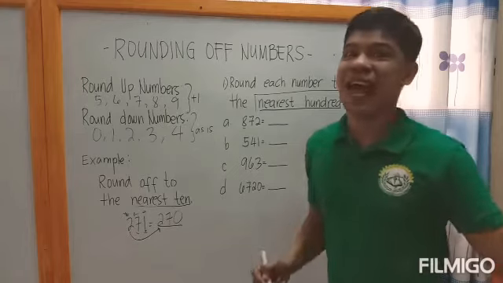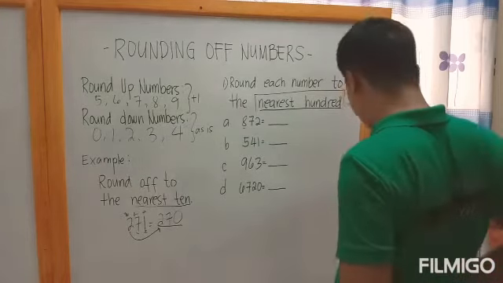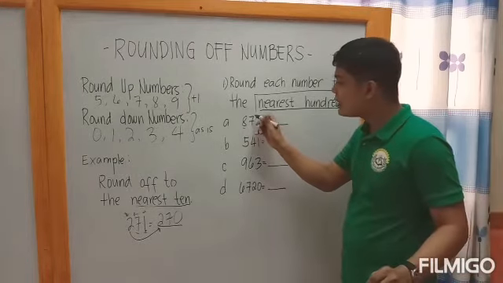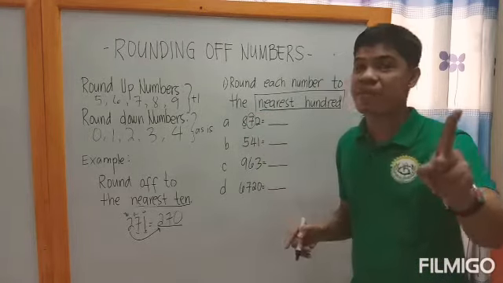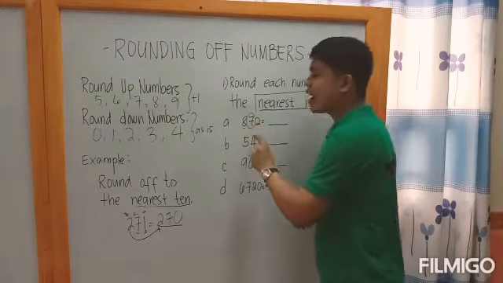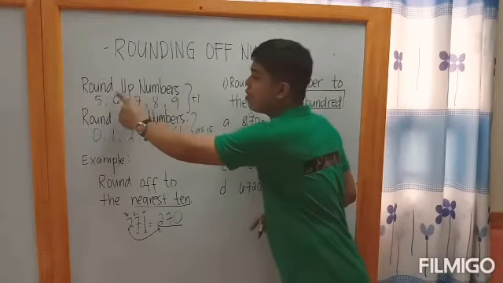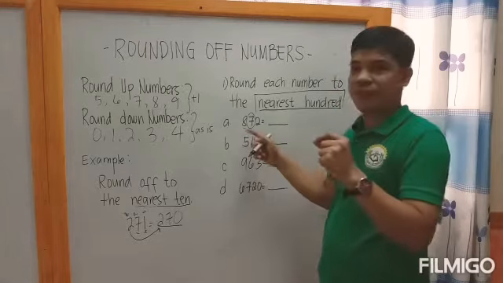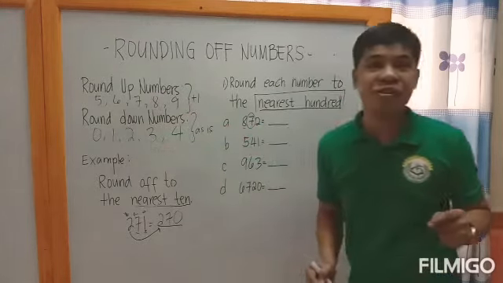And after that, look at now the nearest number on the right side. So we have here the nearest number is 7. And after identifying the nearest number, you are going now to identify that digit, whether it is round up or round down. So now, 7, look at this. Is it a round up or round down number?